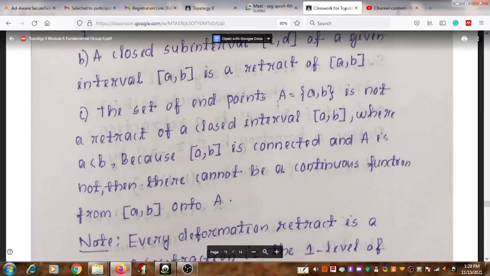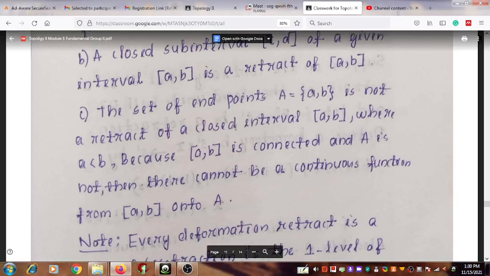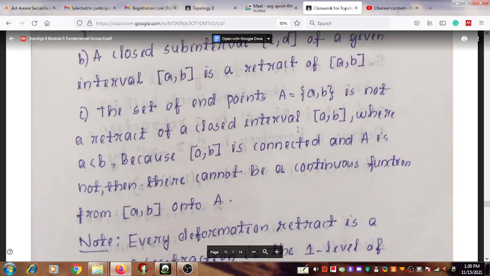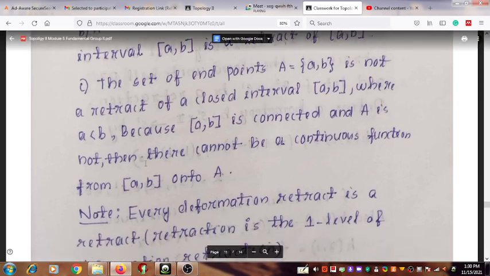See, when we consider the endpoints, A equal to the set {a, b}, we can see that it is not a retract of the closed interval [a, b] where a < b, because the closed interval [a, b] is connected and A is not a connected set.